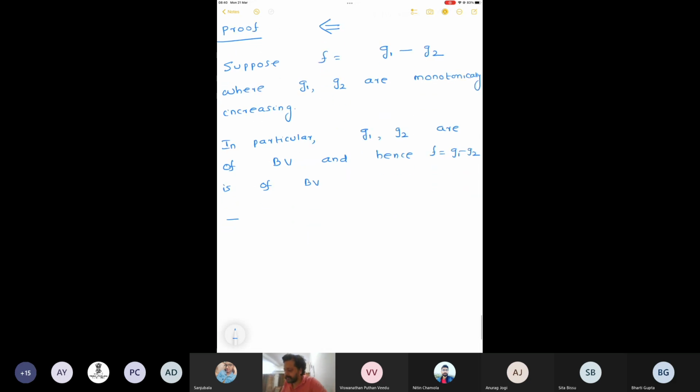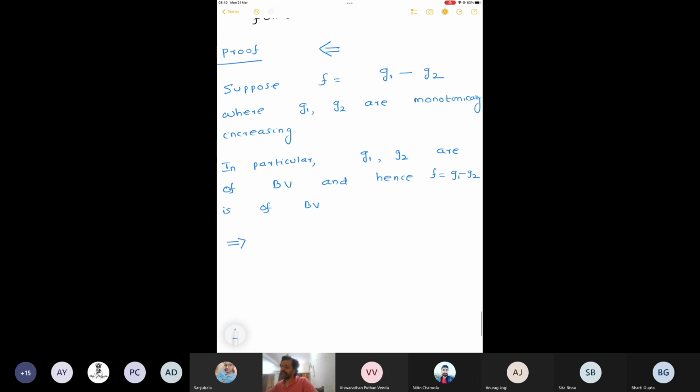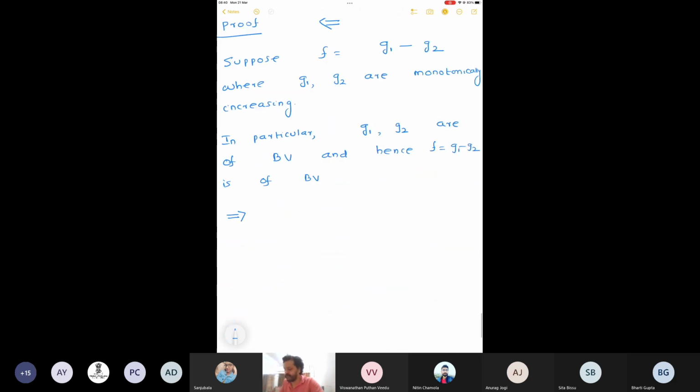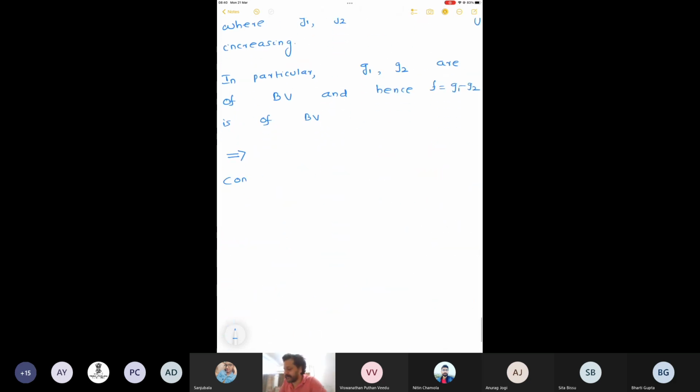Now the converse. That is, if f is of bounded variation, I have to split it into a difference of two monotonically increasing functions. Conversely, that also we have done already. We have to just assemble the things. Conversely, let f be of bounded variation. I have to write f as a difference of two monotonically increasing functions.